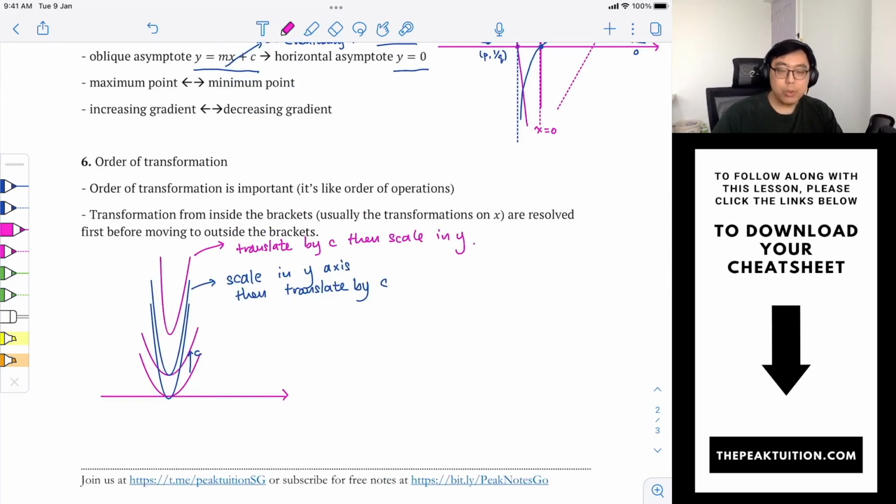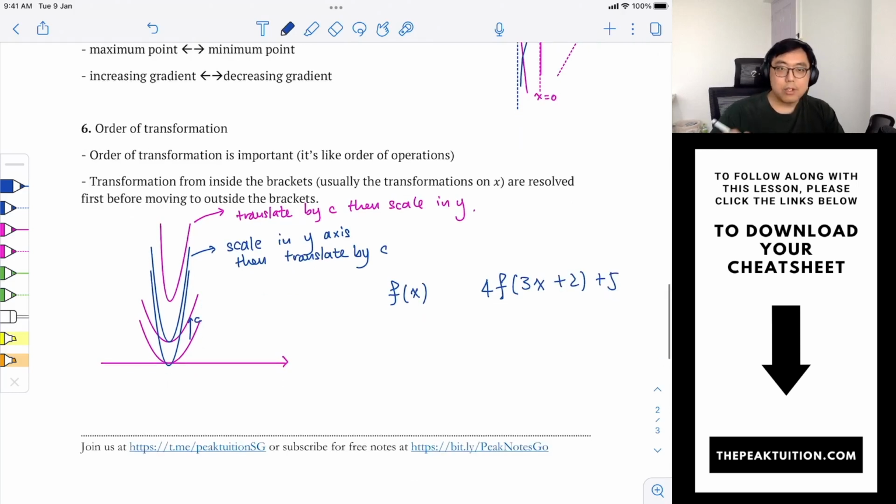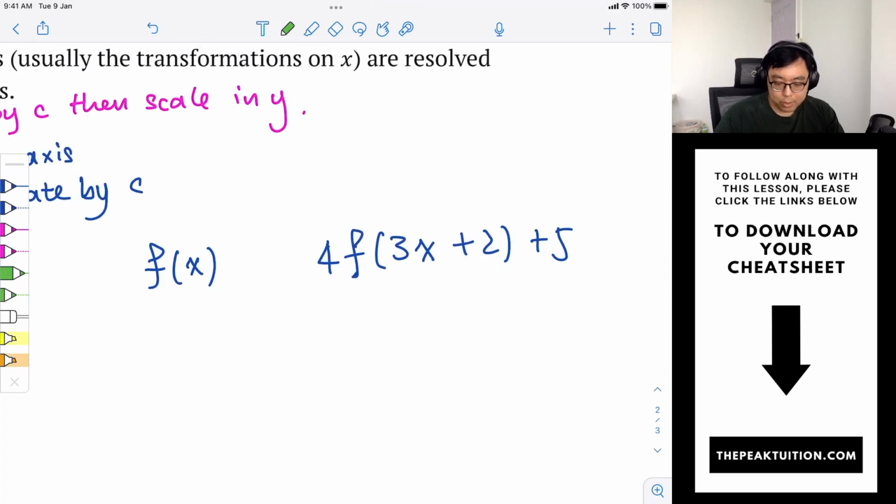Usually what we do is translation happens from inside the bracket before moving on to the outside. So a quick example: let's say we have a function and we perform a series of transformations on it. How will you move the graph? The first transformation we look at is from the inside, the input.